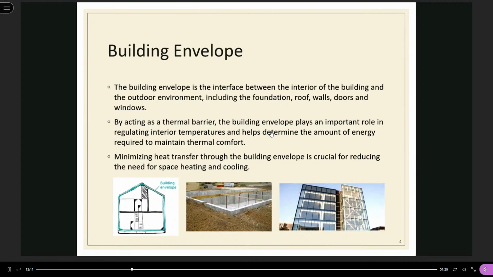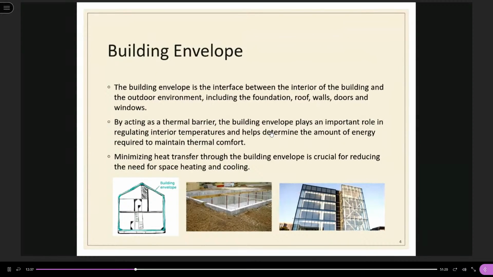In an extreme case, just like in the North Pole, they have the igloo, right? In the North Pole, of course, it is extremely cold. But inside the igloo, it could be not too cold. It's because it is made of very thick ice, and ice is actually a good insulator.